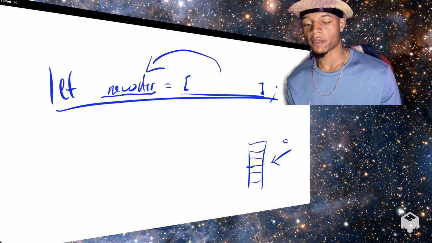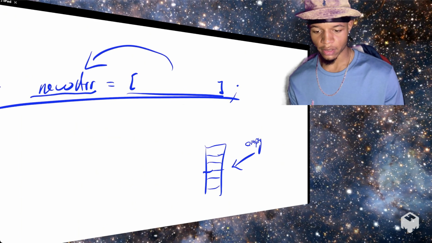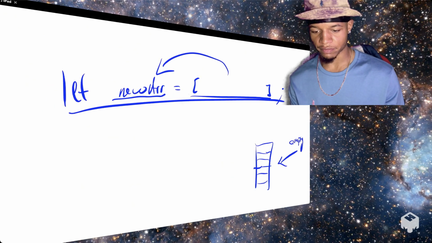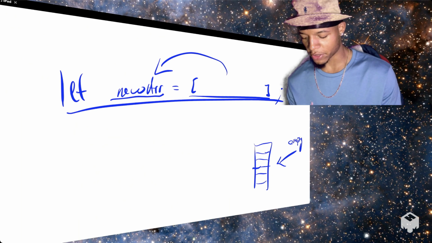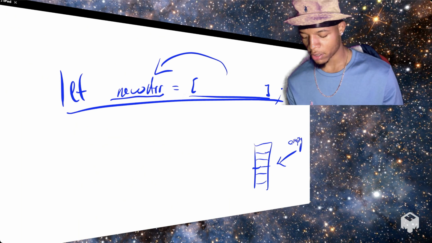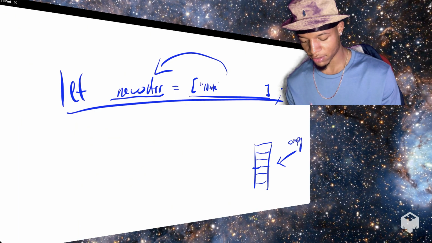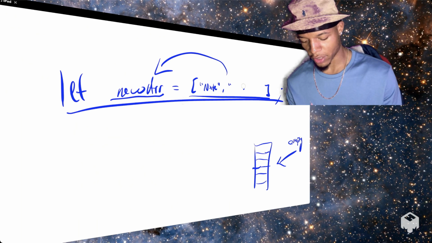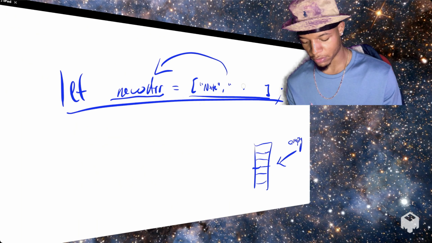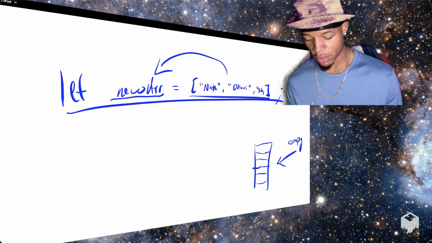Now you got you an empty array, but what if we don't want an empty array? What if I wanted to initialize it with Nate, Slope, Dakari?